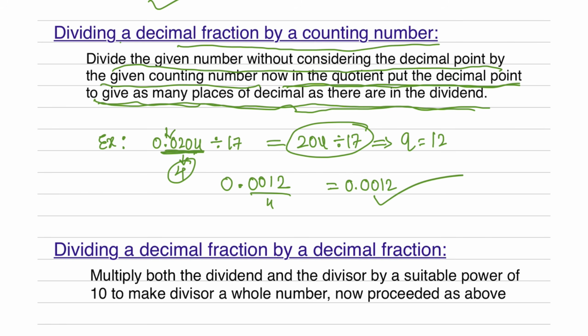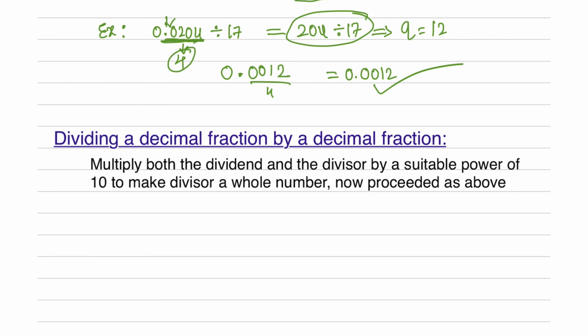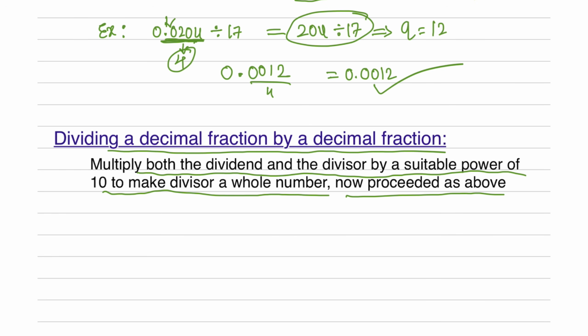Now we will see the second case, means dividing a decimal fraction by a decimal fraction. In that case, multiply both the dividend and divisor by a suitable power of 10 to make the divisor a whole number. Now proceed as above. You can see here, let us take one example. 0.00066 divided by 0.11.